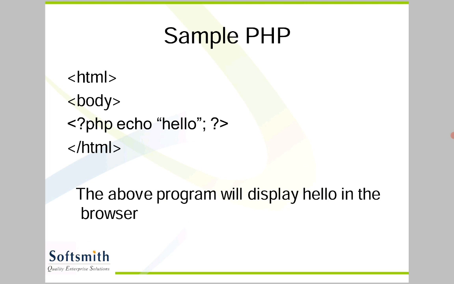PHP is not a programming language, it is a scripting language. Generally scripting language means like HTML. So generally all the PHP scripts are embedded or inserted into HTML only.